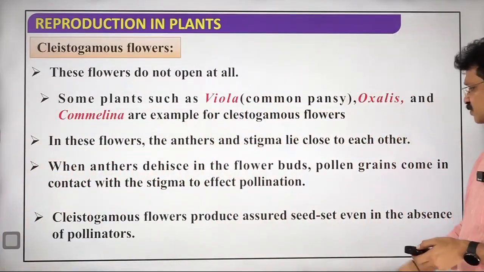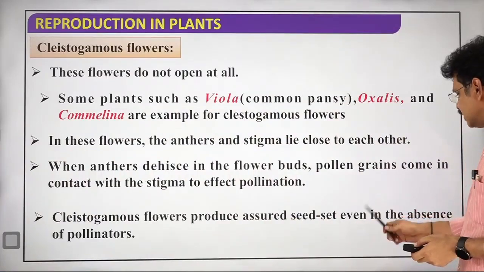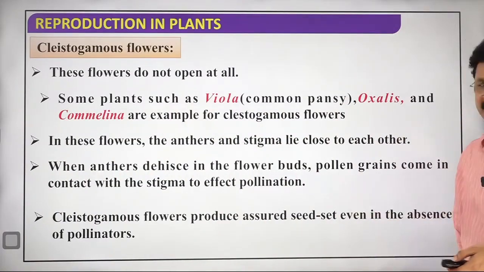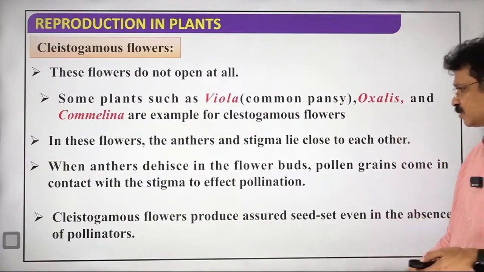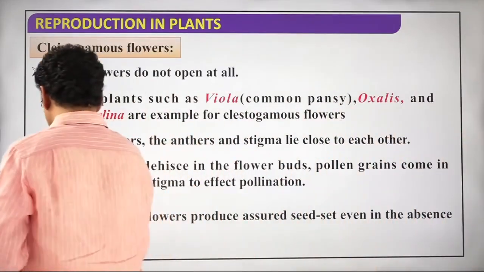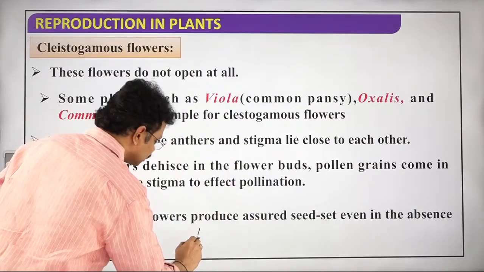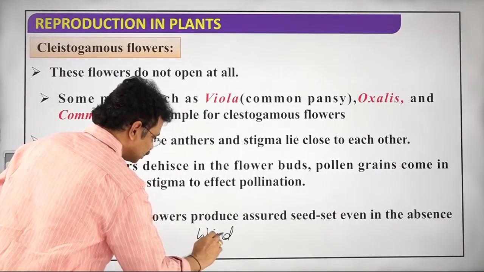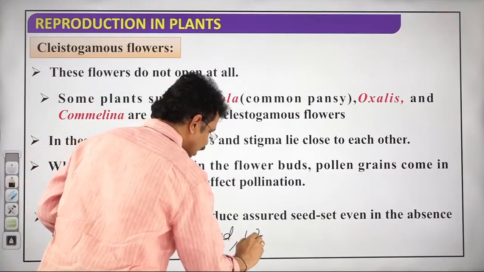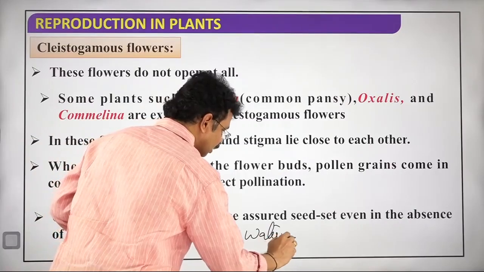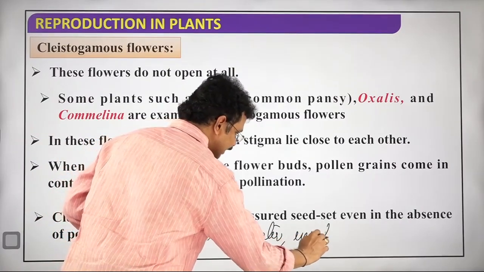Clistogamous flowers produce assured seed set even in the absence of pollinators. Pollinators means pollen grain transferring agents: wind is one of the pollen transferring agents, or water, or animals like insects.